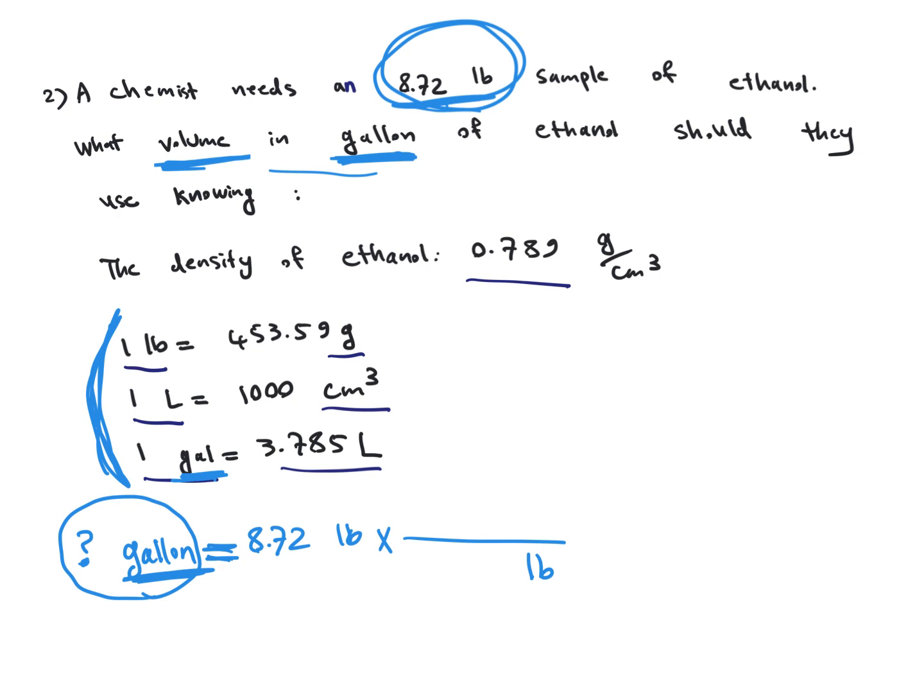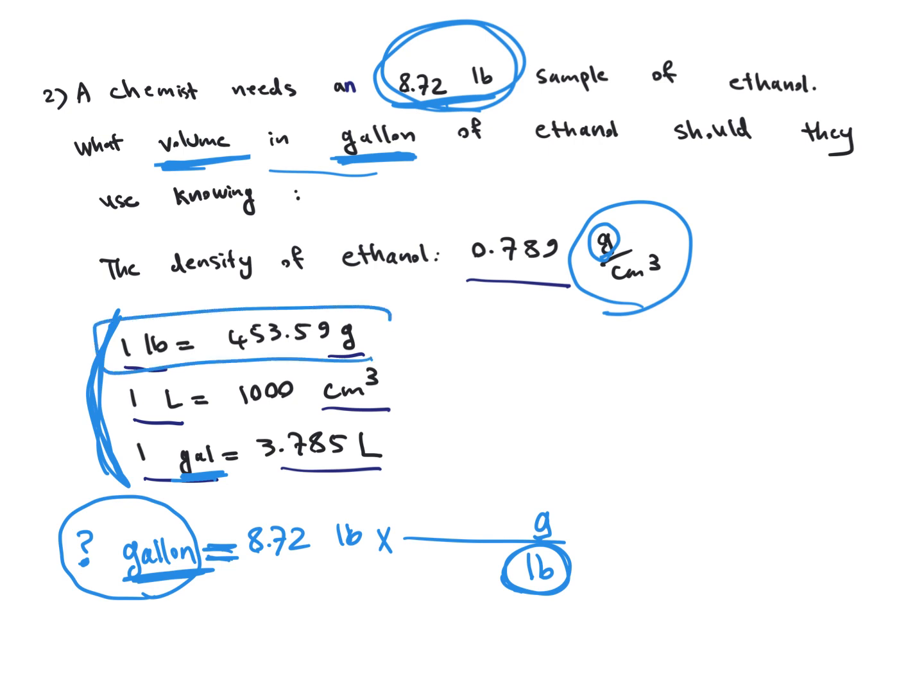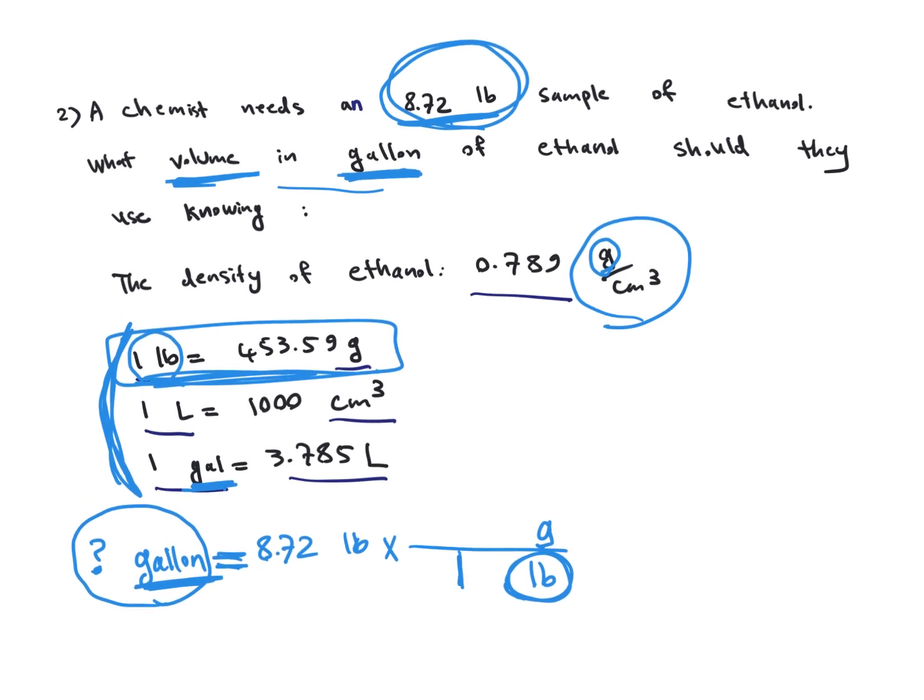Remember, we do that with density, but in density I have grams per cubic centimeter, so I should convert pounds to grams. Is that clear? I'm writing conversion factors. Remember, 1 pound equals 453.59 grams. So these cancel out, pounds.